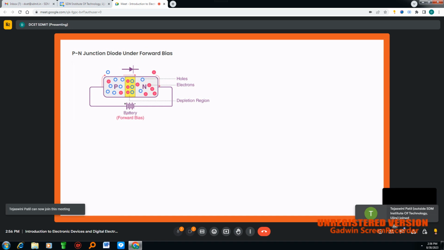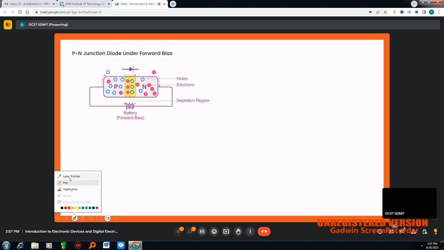ಈಗ forward bias means when the positive terminal of battery or supply source, see, the positive terminal of battery is connected to the anode terminal of a diode or the P-type material terminal. Negative of battery is connected to negative.